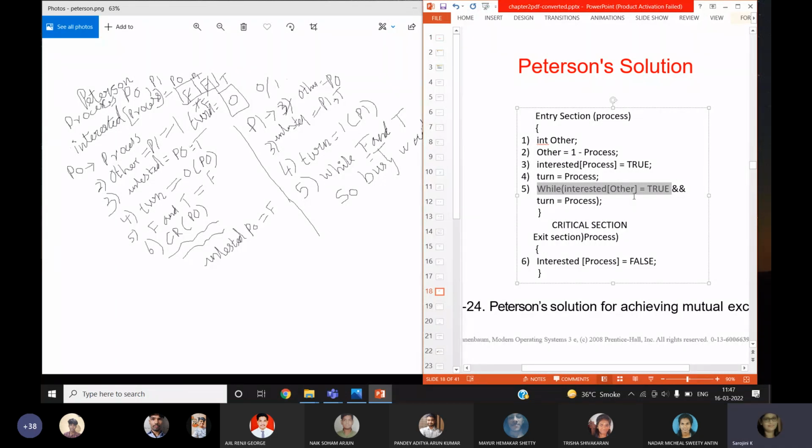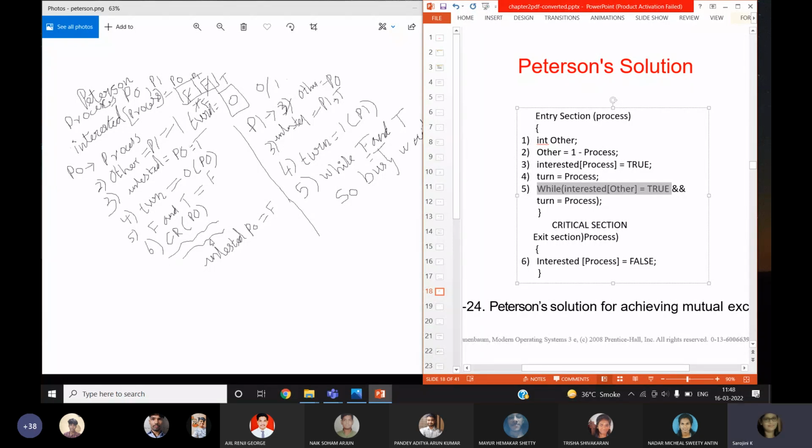So false and true, finally it became false. You know the AND operator. When the condition is false, definitely it will come to the next line. The next line is the critical section. That means currently P0 entered the critical region or critical section.